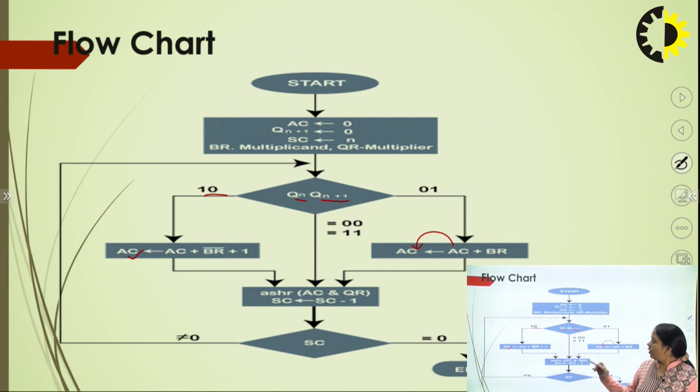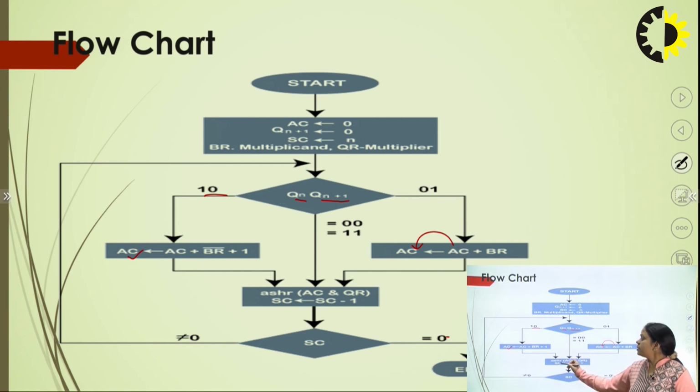Then we will not perform any addition or subtraction in this case. We will directly come to the arithmetic shift right. Okay. And again the sequence counter will decrease, and we will check the value of the sequence counter. If the value of sequence counter is 0, then the process will end, and if the value of sequence counter is non-zero, then this process will continue.